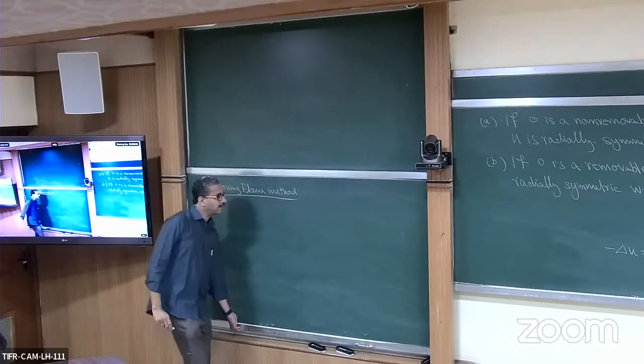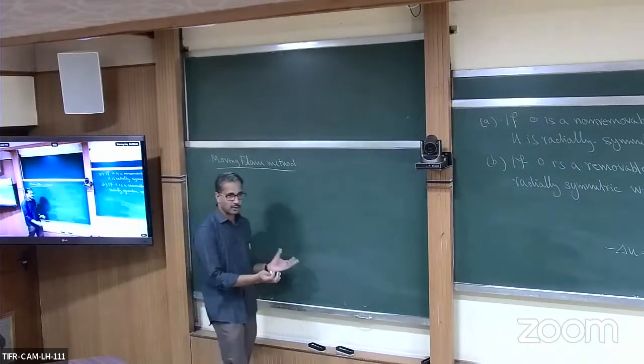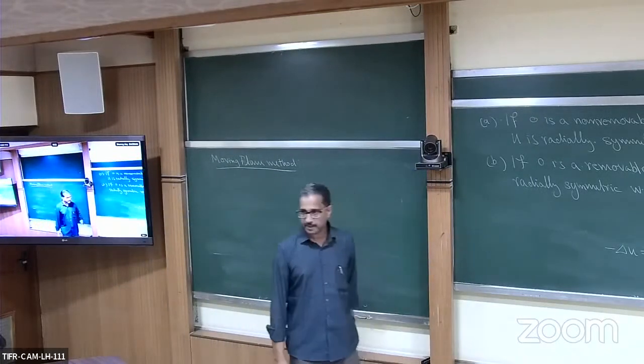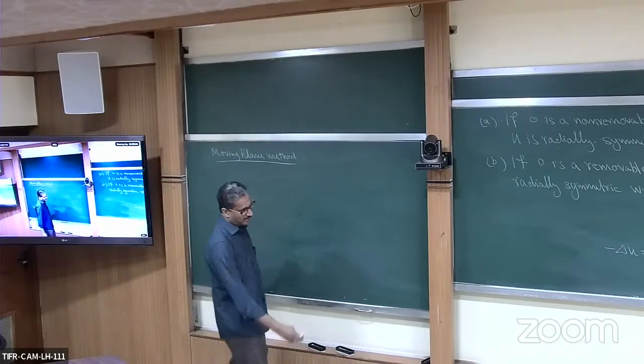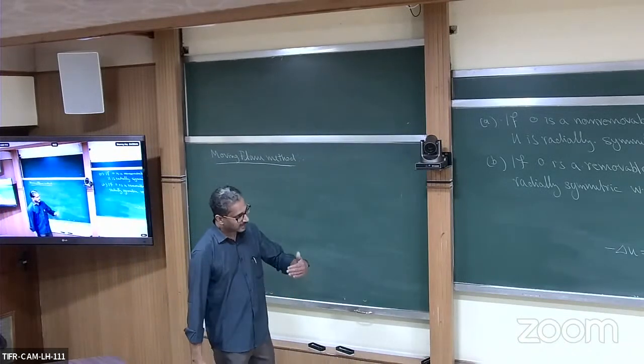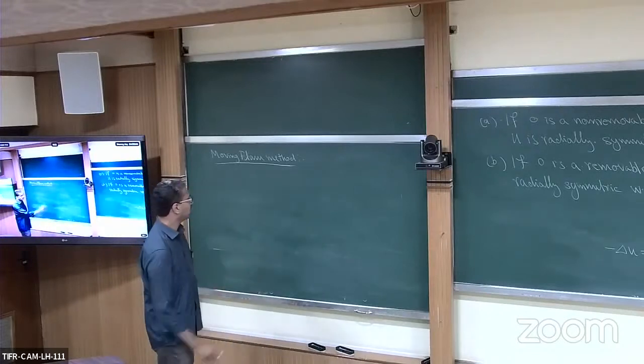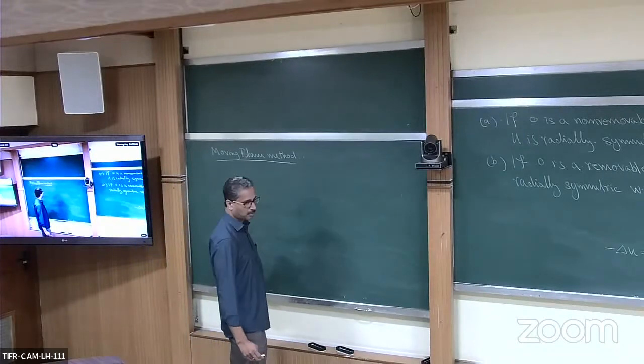So the initial result, the Gidas and Spruck result, is on the board. We are in the entire space R^n, so I will directly work with R^n so that I can show you what things we require in the case of Gidas-Spruck.